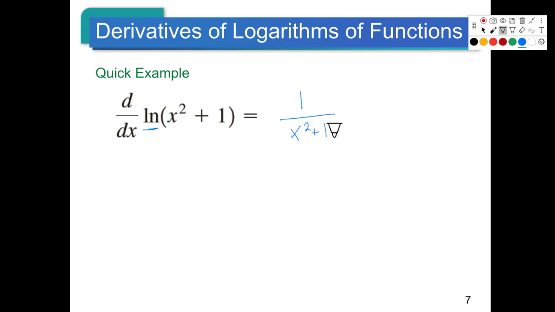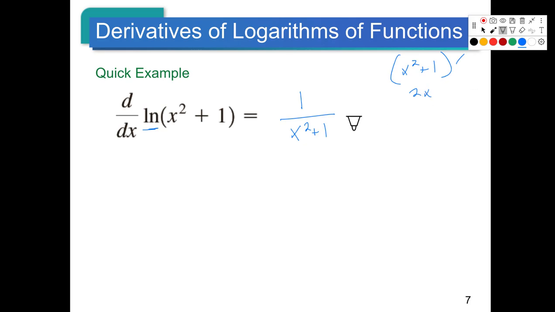Well, that's the first step. Then, what was the chain rule? We have to multiply by the derivative of the inside stuff, the stuff inside the parentheses. Now, that one you might want to come over here and say, okay, what's the derivative of x squared plus 1? Okay, so I'll take that derivative, 2x plus 0.